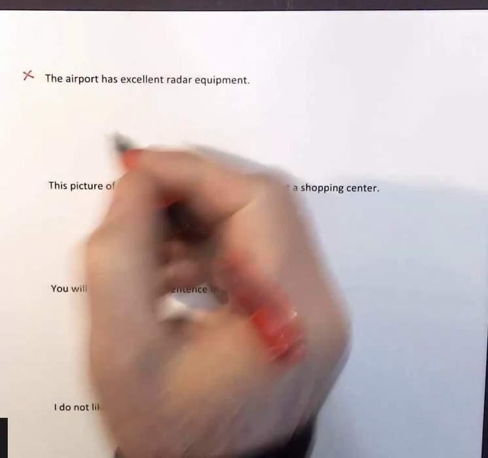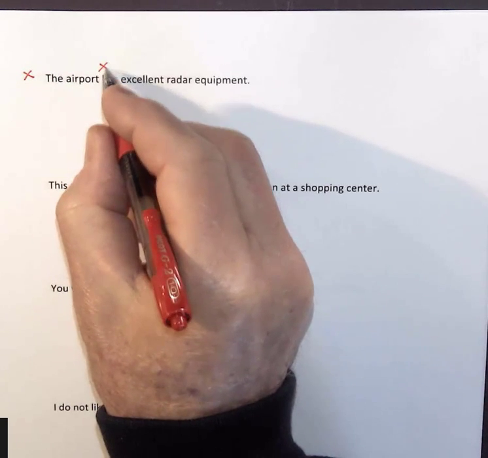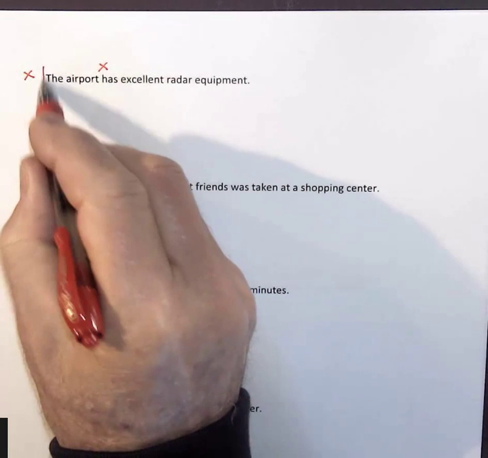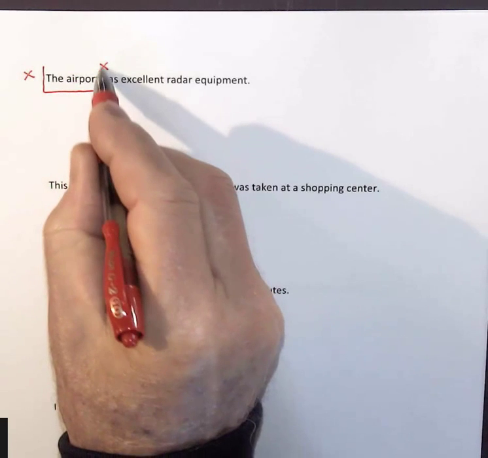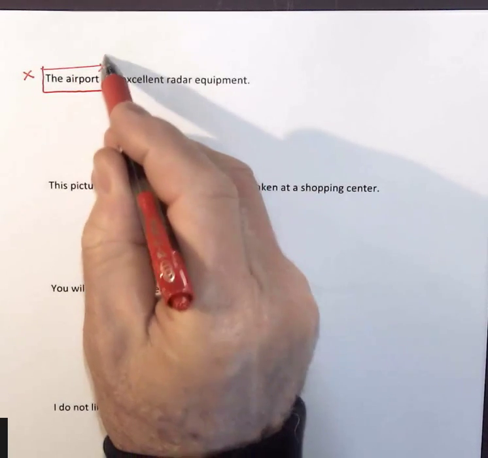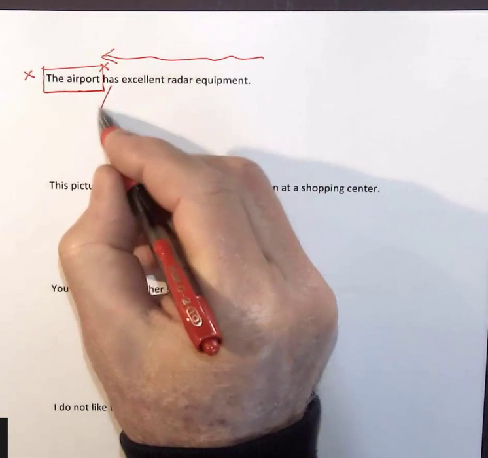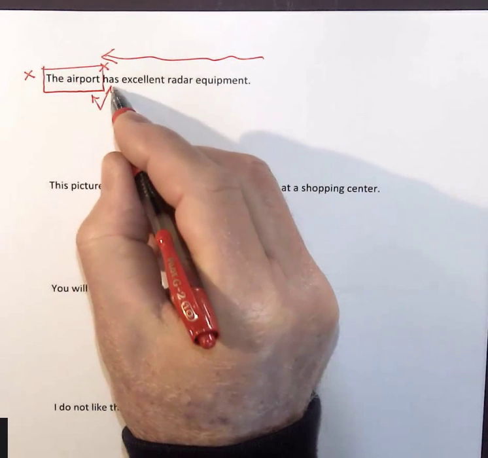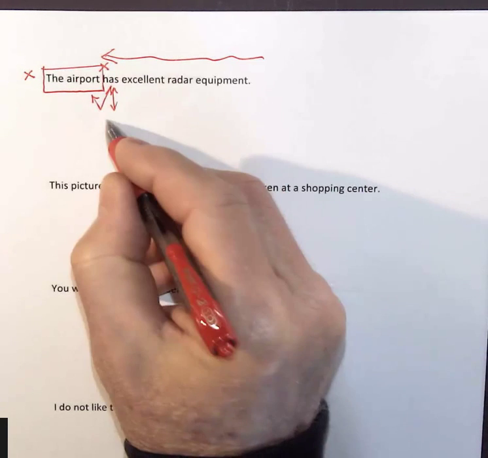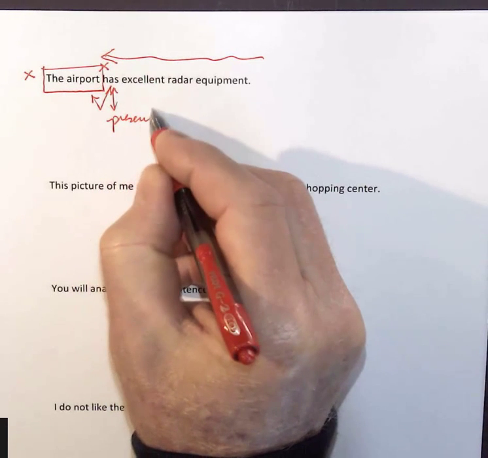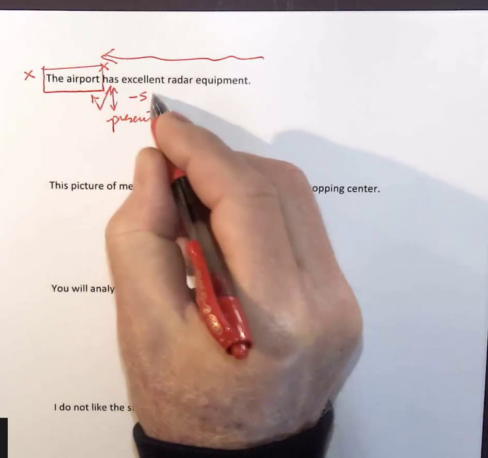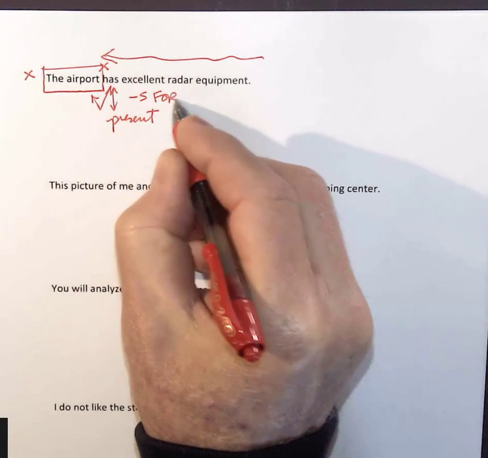And the airport does not have excellent radar equipment, and that makes the airport the subject. Everything left is the predicate. Has ties with the airport. Has ties with the present. This is the S form of the verb.